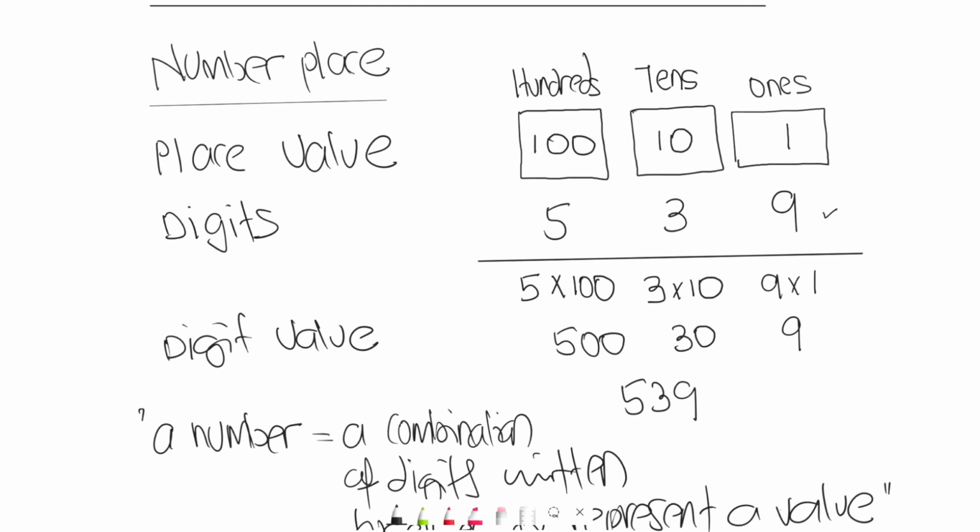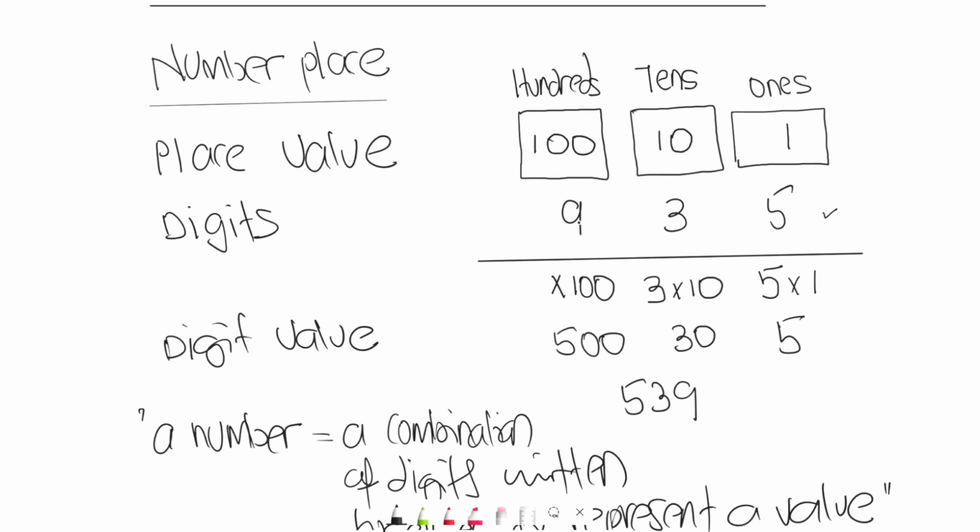Just a quick example before I end this video. Let's say I switch places. I'm going to switch the 5 and the 9, moving the 9 here and the 5 here. Now what happens? In the ones place, I have the digit 5, and its value is 5 multiplied by 1, which is 5.